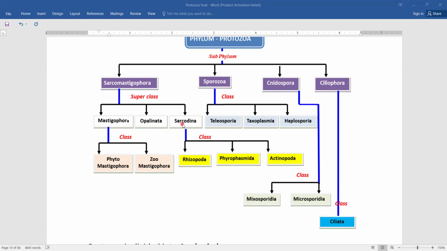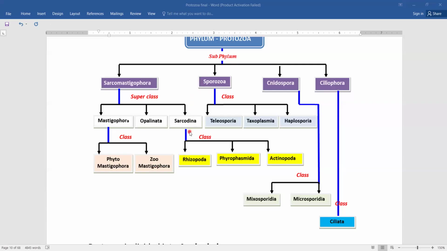Mastigophora is again divided into two easy classes: Phytomastigophora and Zoomastigophora. Phyto means plants, zoo means animals. So the phytomastigophorans are plant-like organisms. Zoomastigophorans are mostly parasites, animal-like organisms. And there are no classes in Opalinata.